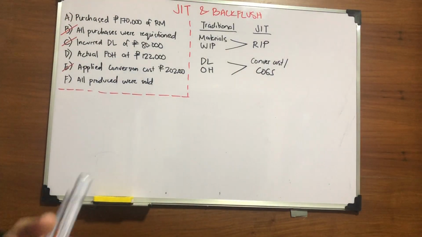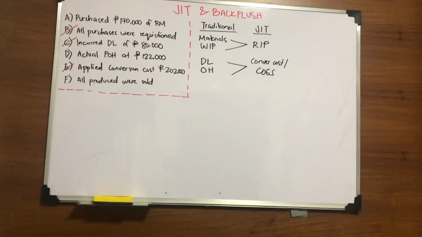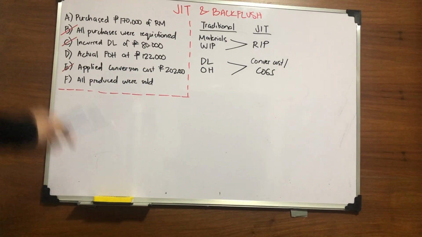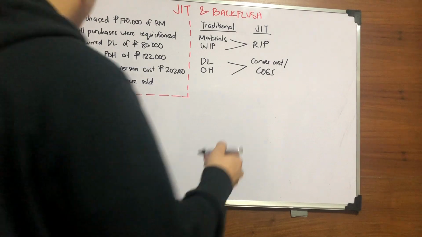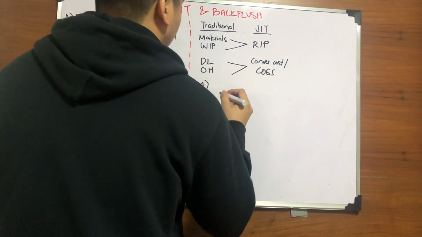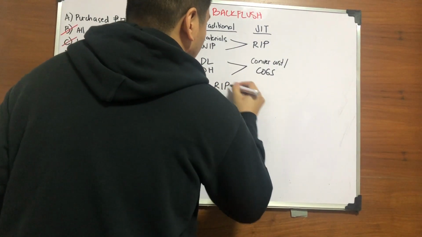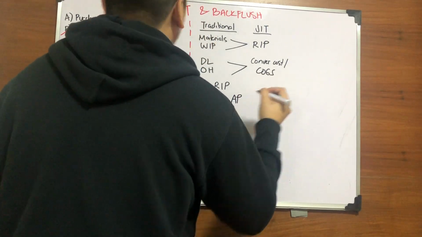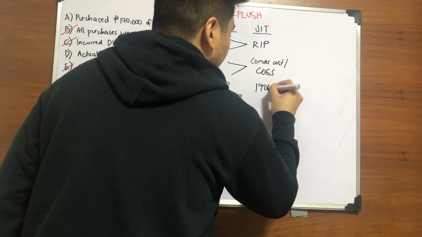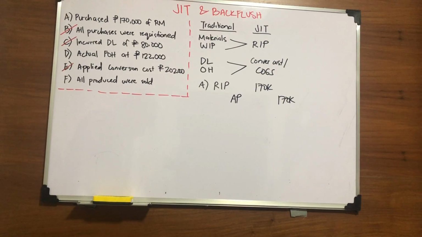So let's do our journal entries. Again, we will recognize transaction A. Our pertinent journal entry for that would be debit raw and in process, credit accounts payable for the amount of 170,000. So that is your first entry. And your second entry, you will go directly to recognizing conversion cost, which you can see here for 80,000.